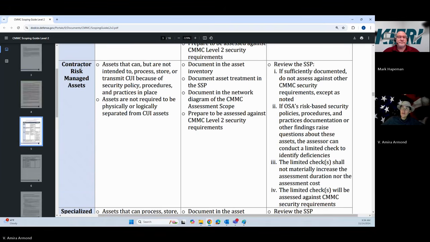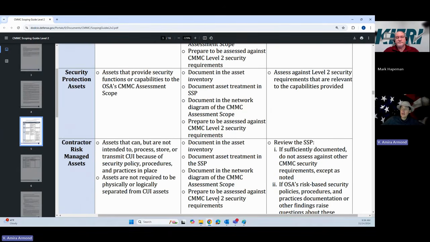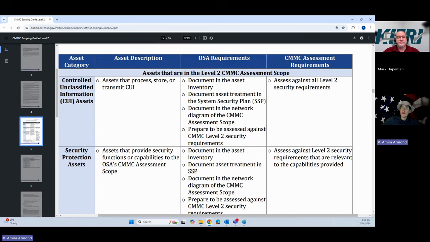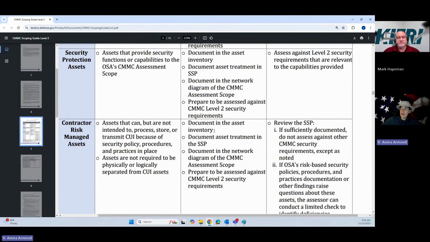So, contractor risk managed assets. They have the exact same organization seeking assessment requirements as the rest of this stuff, CUI security protection assets. So you have to track them in your asset inventory. You need to know who has potentially access to CUI, right?